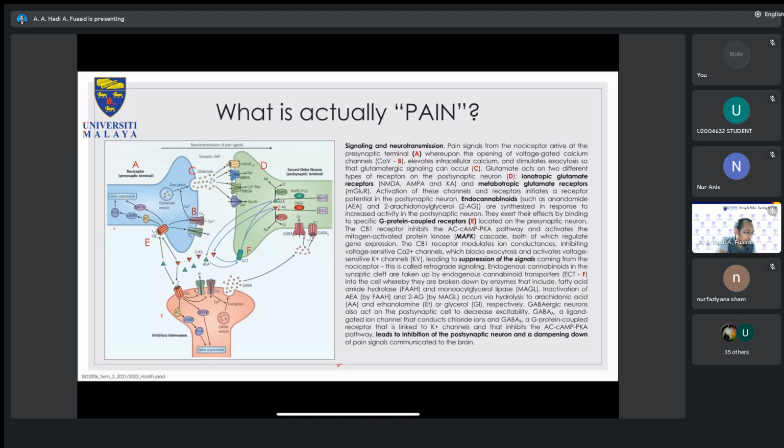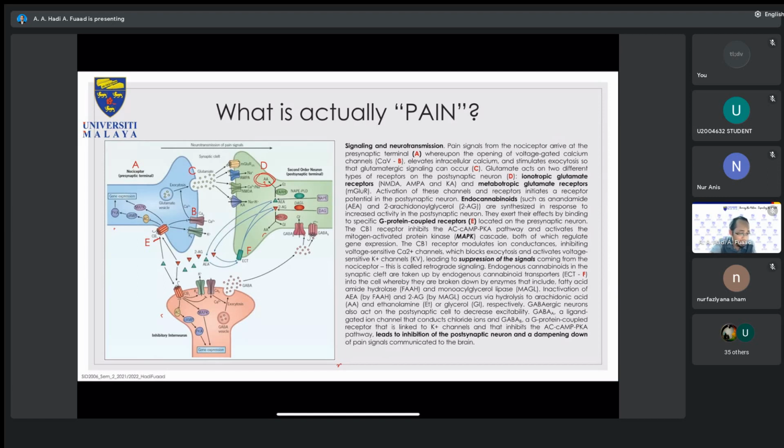So we have CB1 over here, which is the cannabinoid receptor. The opioid receptors are not shown here. Another thing that you need to try and remember until next week is AA. We're going to touch on AA most likely next Tuesday.